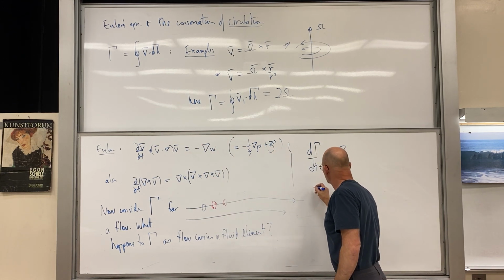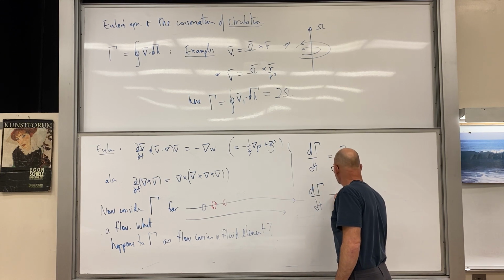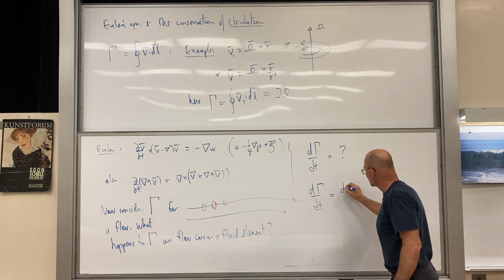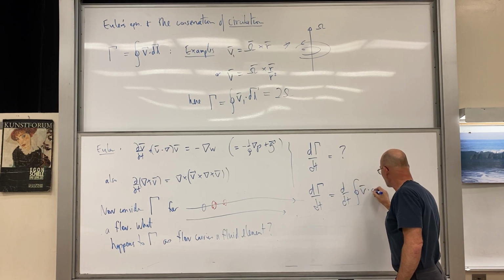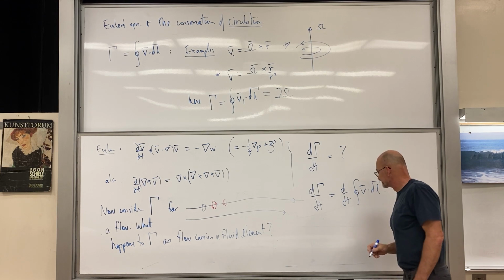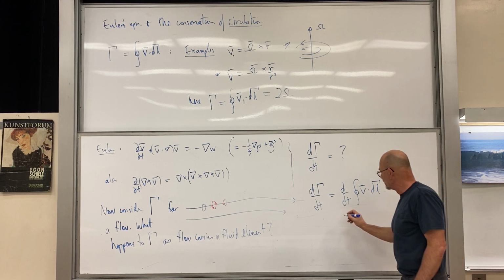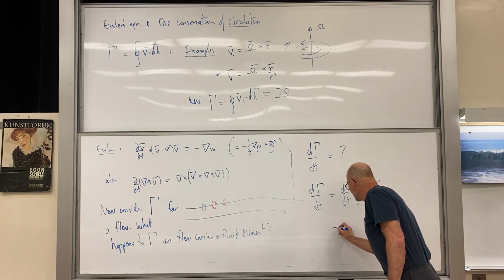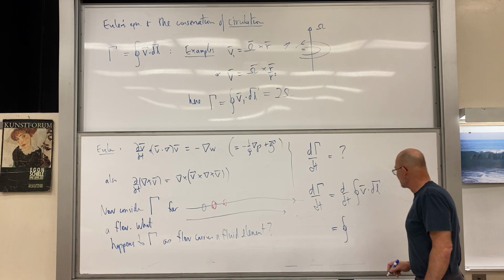So I'll just write this down and then explain a bit. So we're looking at the time derivative of this integral v dot dl. So I'm just going to introduce some symbols here. I think the best thing to do is go into the integral right away.